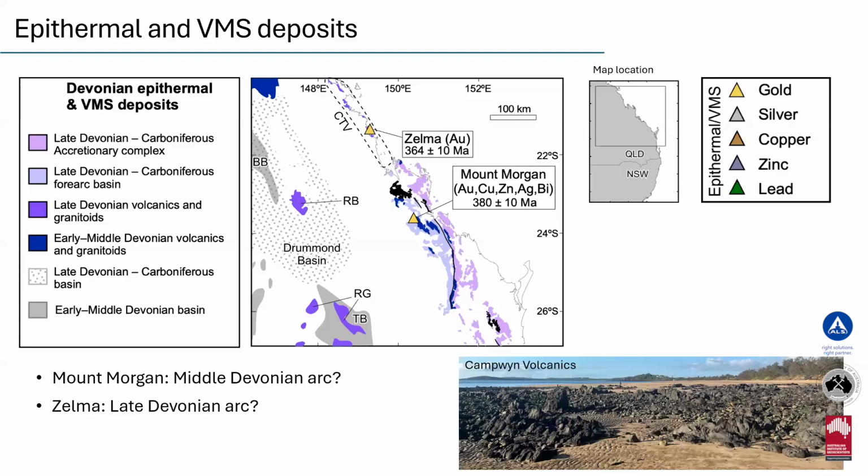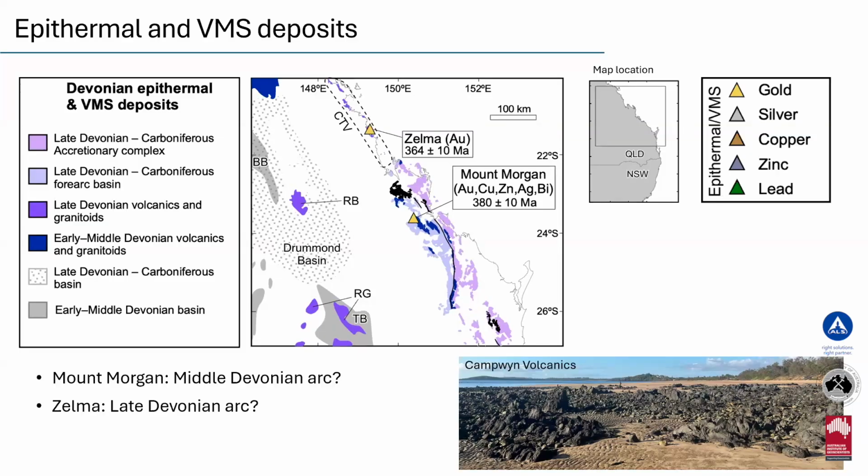Zelma, I'm not so sure about it. Based on what I learned from reading on Zelma, it seems to be directly linked to the actual volcanism, the Campwin volcanics around Sarina here in northern Queensland.